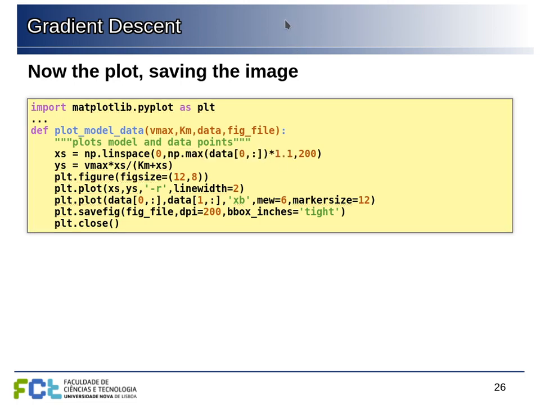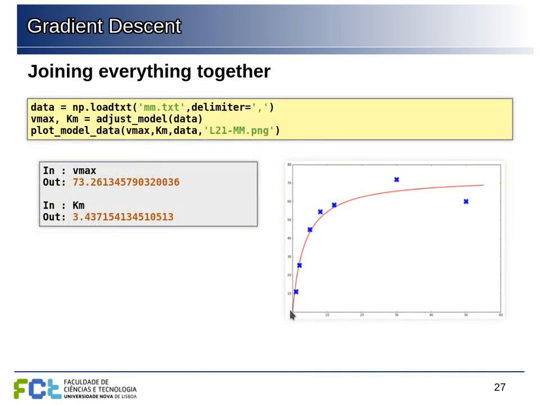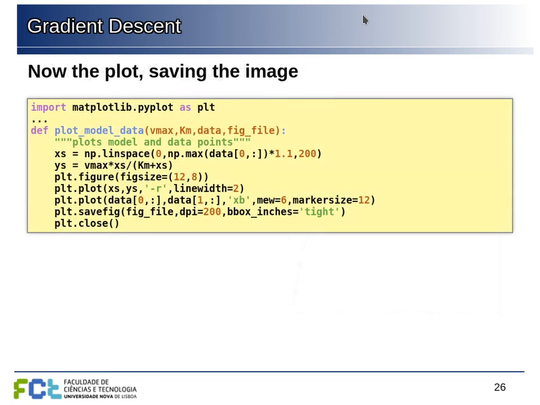So this will give us a set of 200 points that goes a bit beyond the end of our data and allows us then to draw this smooth curve, because note that when plotting, the plot library will join consecutive points by straight lines, and if we don't have a large number of points, we cannot represent curves in a smooth way.